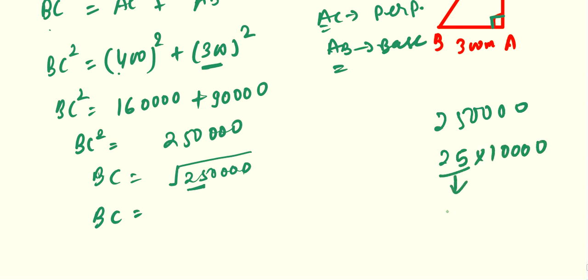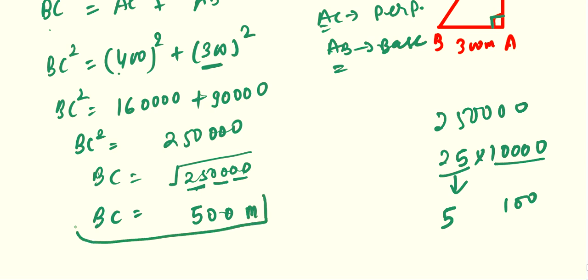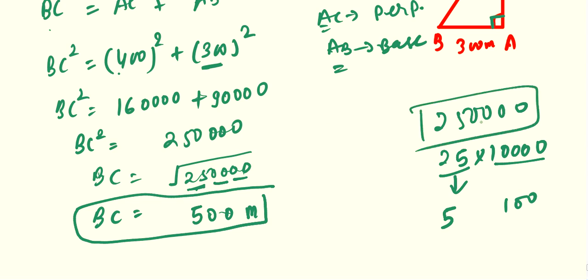So square root of 25 is 5, and this 10,000 you can write as 100. Actually this you have to find by prime factorization, but it's not possible that much with 2,50,000. If you are having 4 zeros, so 2 zeros you can write as a 10, but before that you have to check the number before these zeros is a perfect square or not. So 500 meter is the required answer.